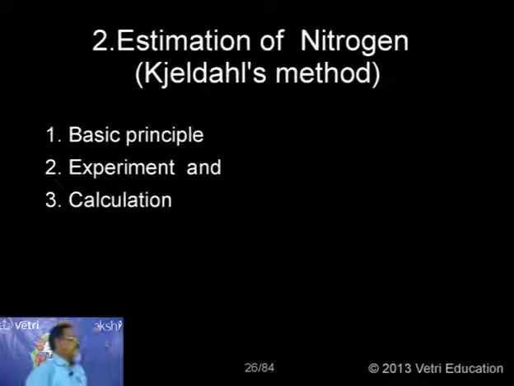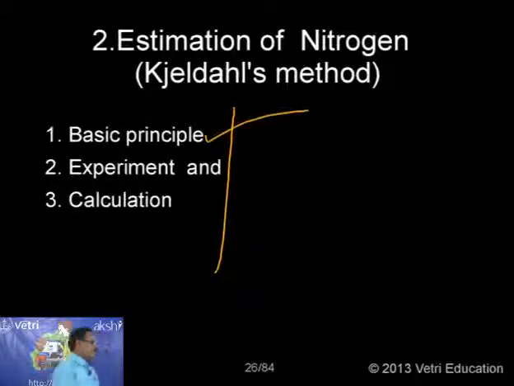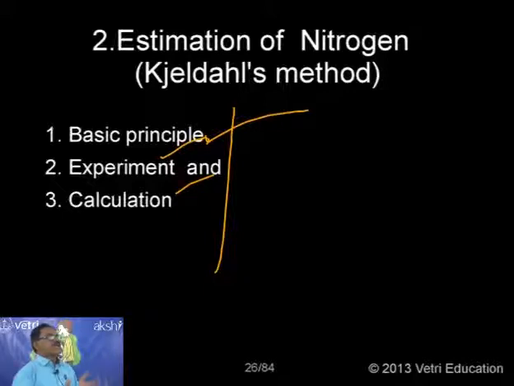First, let me take Kjeldahl's method of estimation of nitrogen. Again as usual, the basic principle involved, the experimental procedure and the calculation. The basic principle is: when any organic substance containing nitrogen is heated strongly with concentrated sulfuric acid in presence of potassium sulfate and copper sulfate, the nitrogen will be converted into ammonium sulfate.